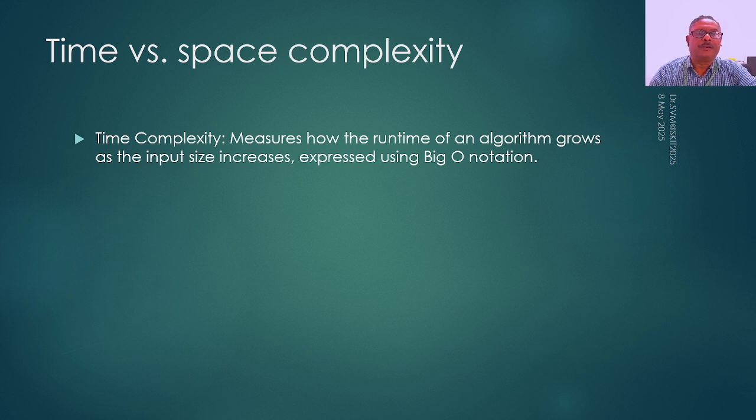So the time complexity measures how the runtime of an algorithm grows as the input size increases. So it's dependent on the size of the input data we are using. And as the size of the input data is growing, how the runtime of the algorithm is growing is what the time complexity deals with.